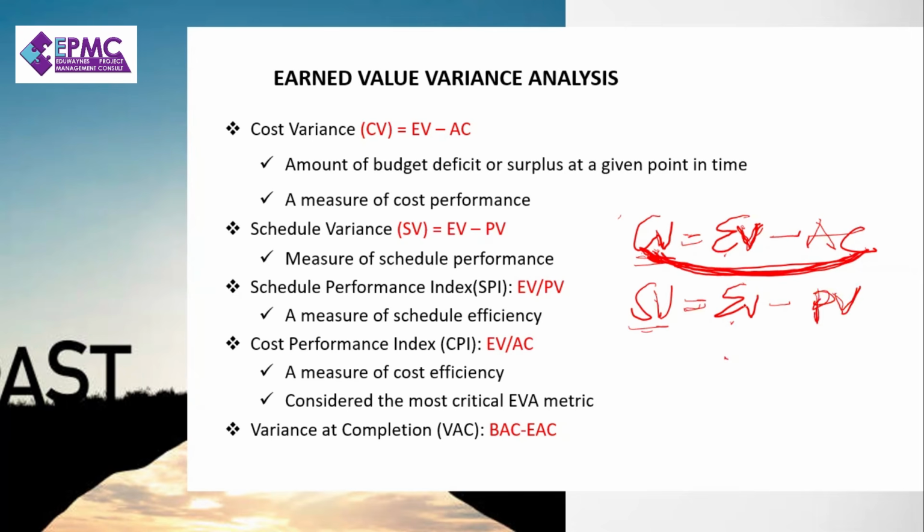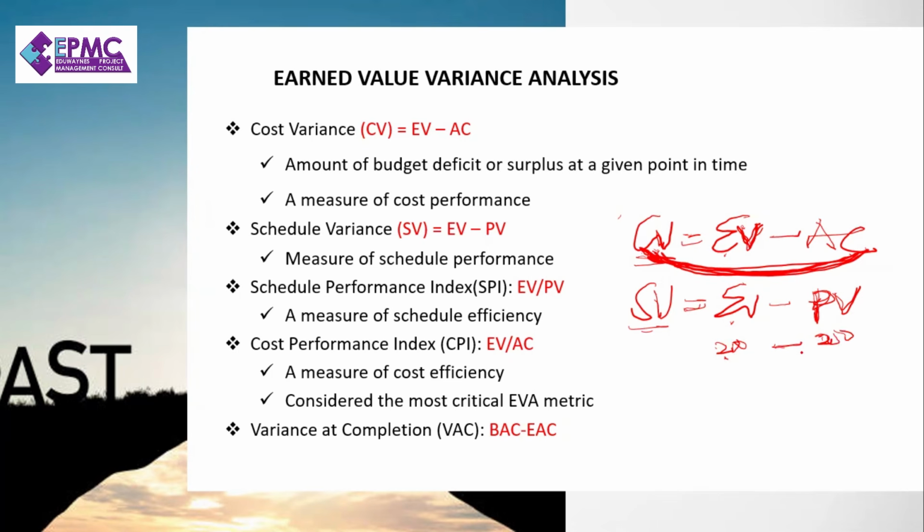So we decided to perform the job, and the job is done. We have done it up to that stage. Job is done. EV, based on the tasks that we performed, is around 200. PV, what we're supposed to do, is around 250.